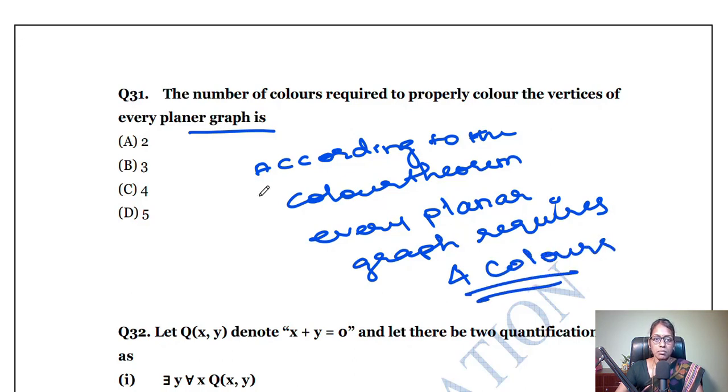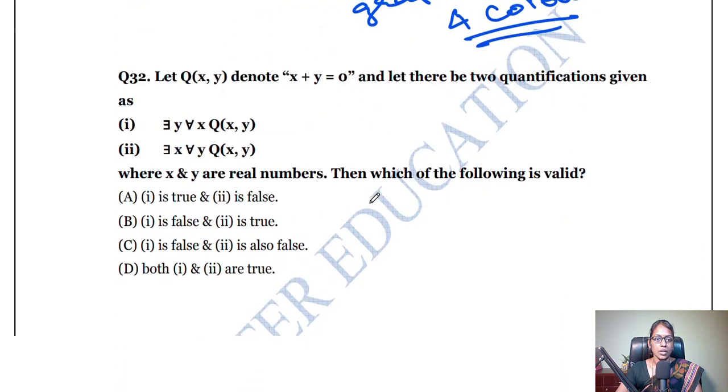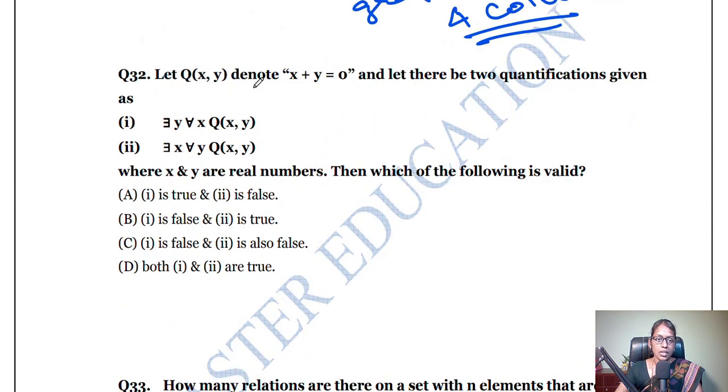So according to the theorem, the number of colors required to properly color the vertices of every planar graph is 4.